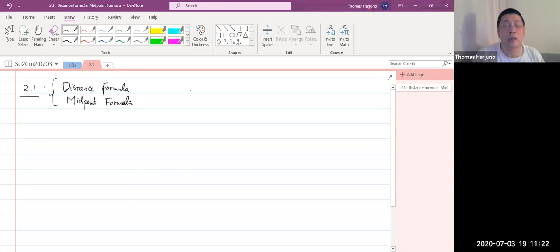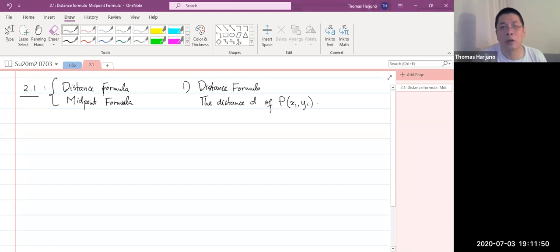Just to review a little bit, the distance formula. The distance d of point P, let's call that (x1, y1), and point Q, whose coordinate is (x2, y2), is given by d squared equals (x2 minus x1) squared plus (y2 minus y1) squared.